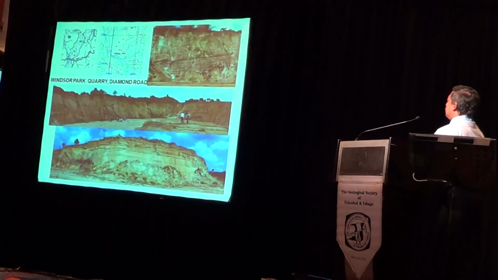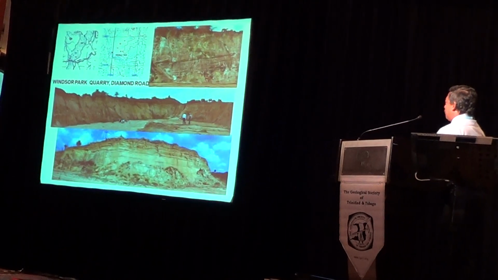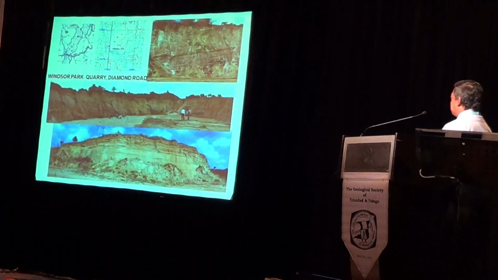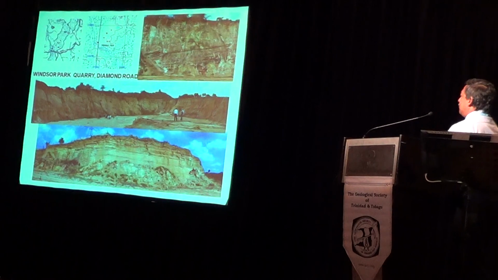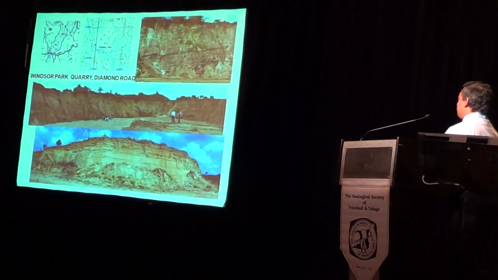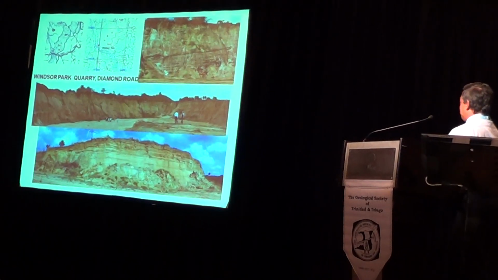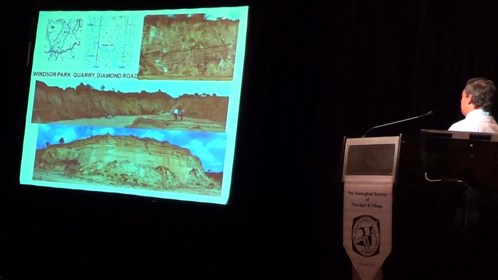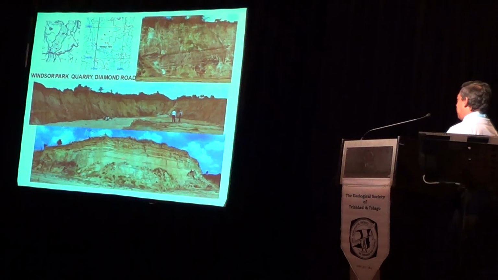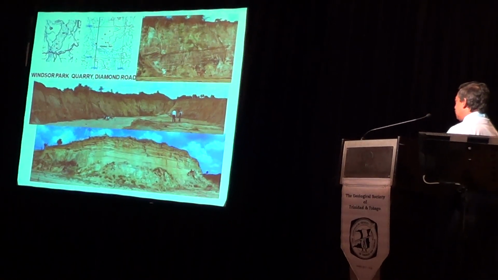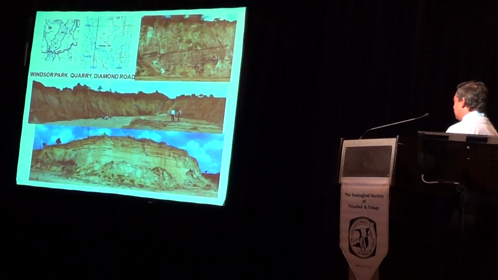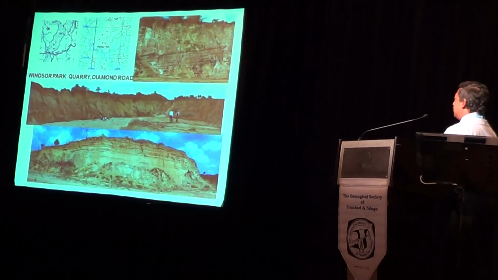Windsor Park Quarry. Remember our last outcrop, we were further down south, we have now gone a couple of miles to the north. This is one of the big active quarries at this point in time, so most of these outcrops are probably being quarried out by now. Again, you're seeing big planar parallel bedding units, but you can roughly see there's a big fining upward sequence inside of here.